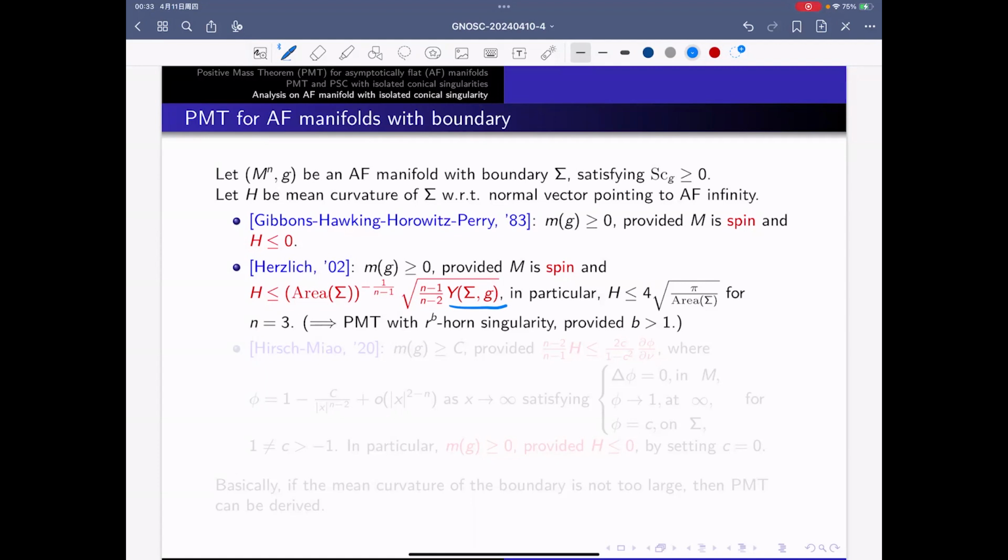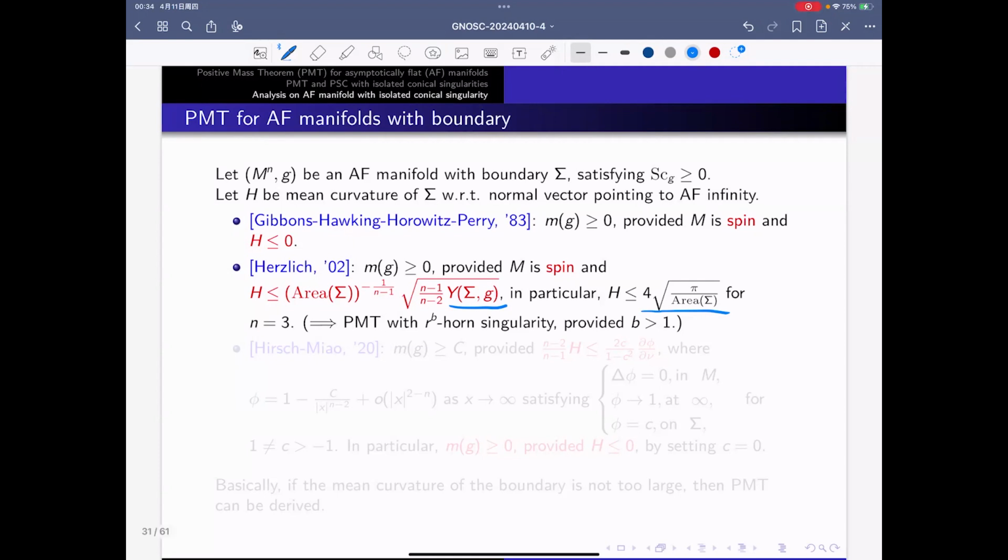In three dimensions, it's just bounded by a term that involves the area of the boundary. From this we can get the positive mass theorem for the whole singularity for b greater than 1. It's just calculating the mean curvature of the boundary, looking at the power of r.